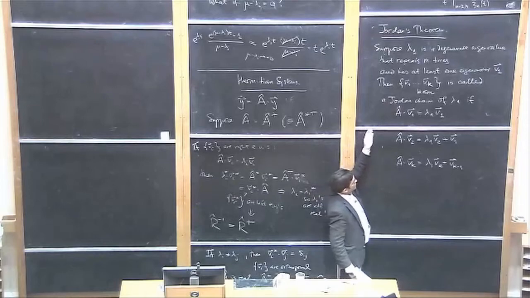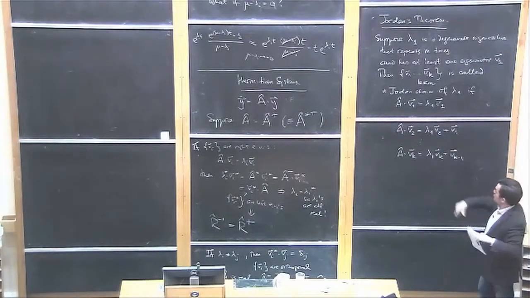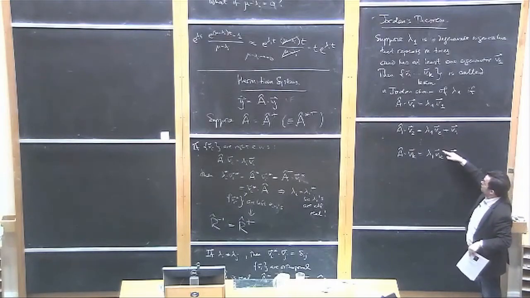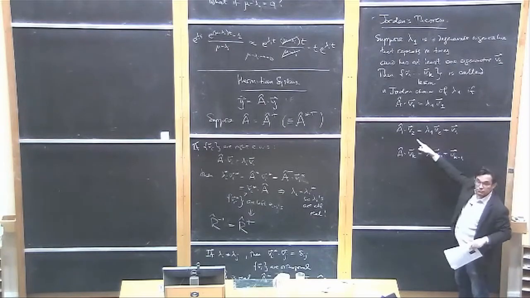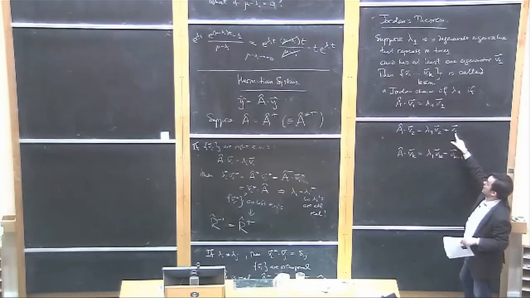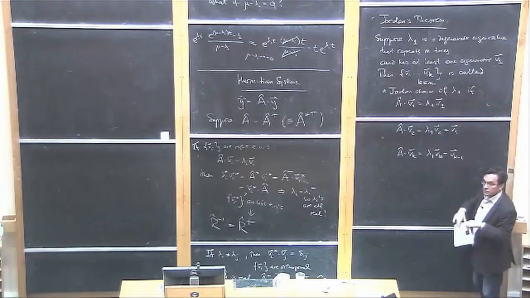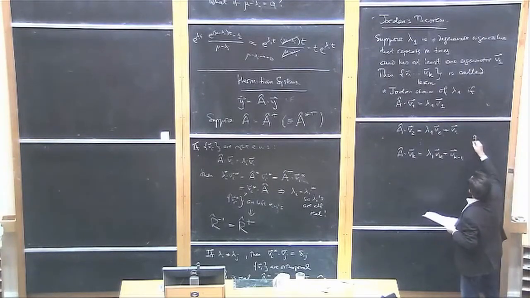So basically I take my eigenvector, and then I construct a chain of vectors associated to it by making it a solution to this equation, where the V2 is still multiplied by lambda 1, but I add the previous vector on the side. So these are called generalized eigenvectors.